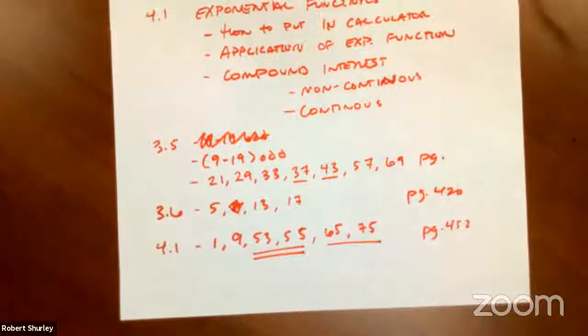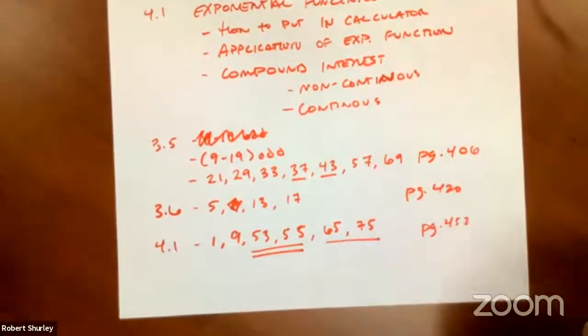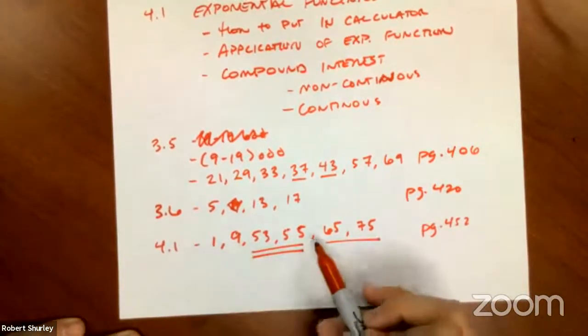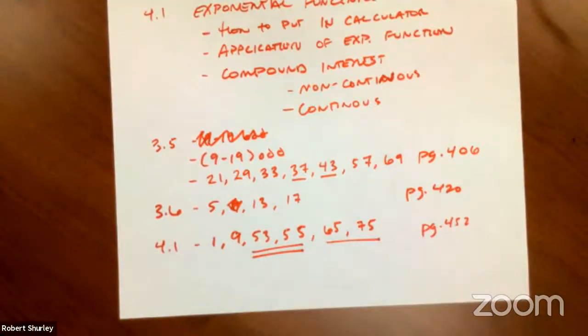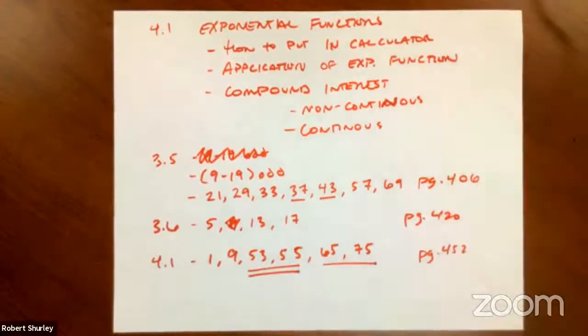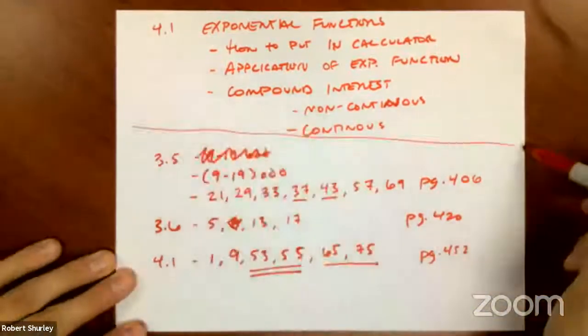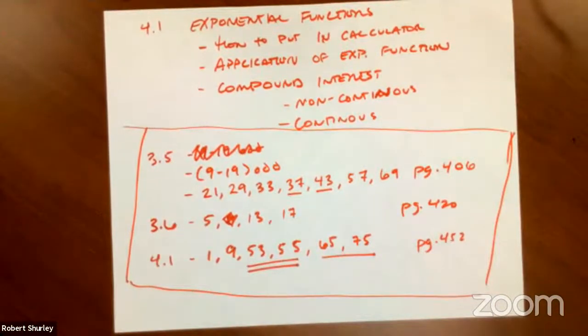And this is page 406 where it starts. Okay, yeah, those are the 3 pages. So we've got basic stuff 1 to 9, and then this is the compound interest question and how it'll be asked. And then 65 and 75 are the application question that I was talking about up here, the application of exponential functions. So this is a good study guide for this test, okay? This would be a good study guide for this test.